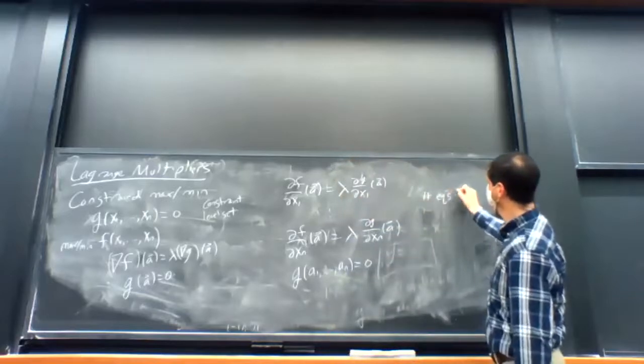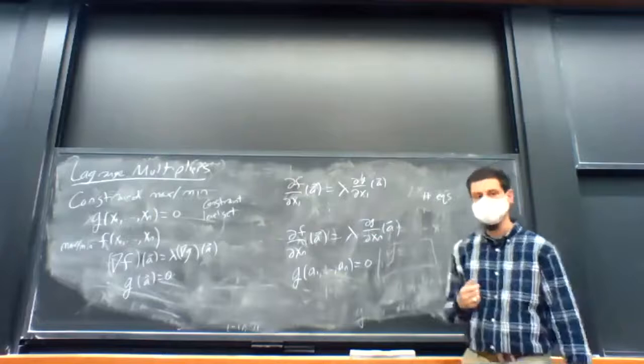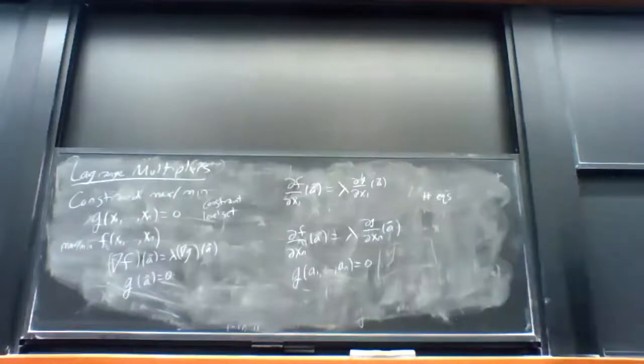How many equations do we have here? What's the number of equations? N+1. We have n plus 1 equations.